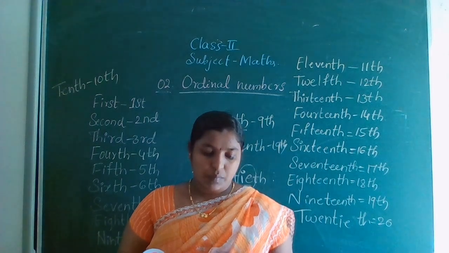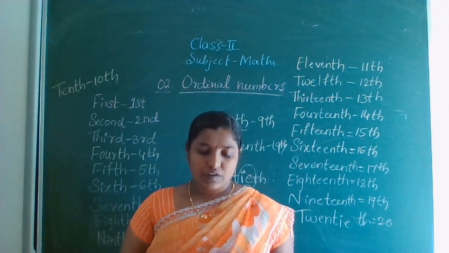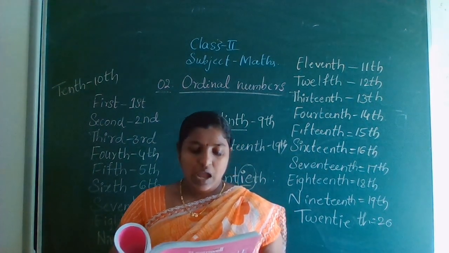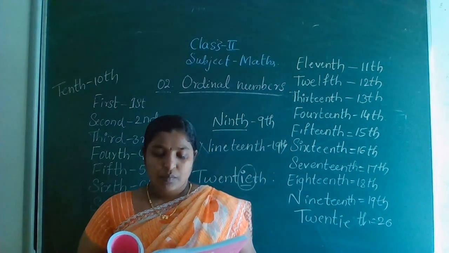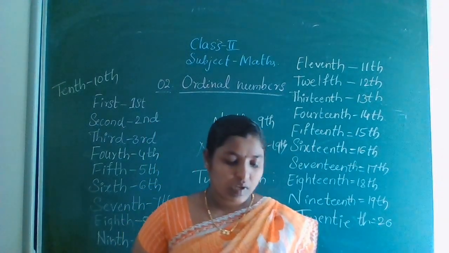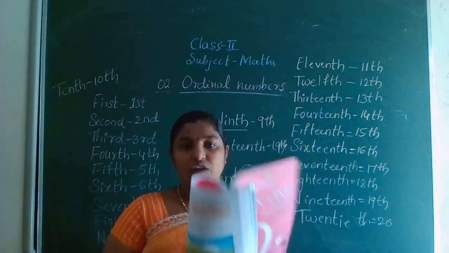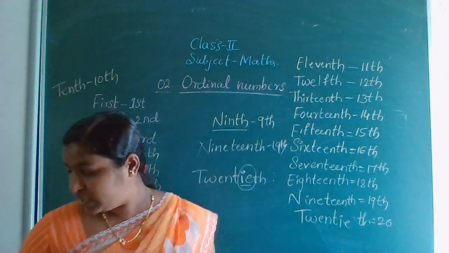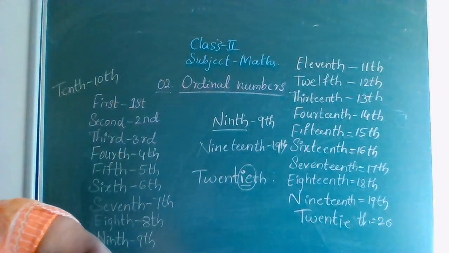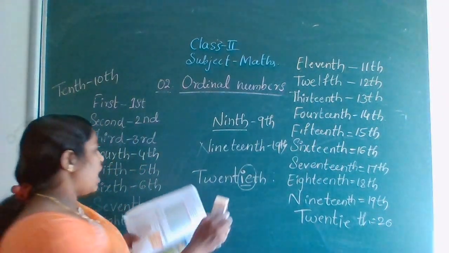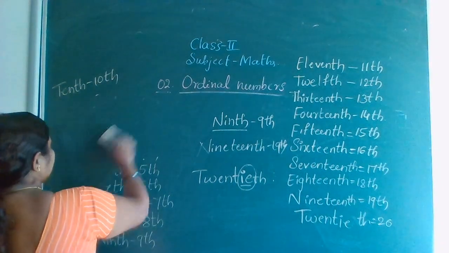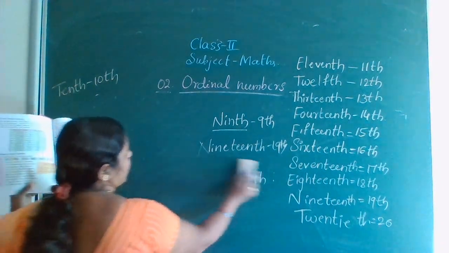Comparing ordinal numbers. Look at the sentence and fill in the blanks. I love mathematics. Dash is the third letter of the sentence. Which is the third letter of the sentence? I will write this on the board. You also write in this box. I will not write the sentence, I will just put the boxes.